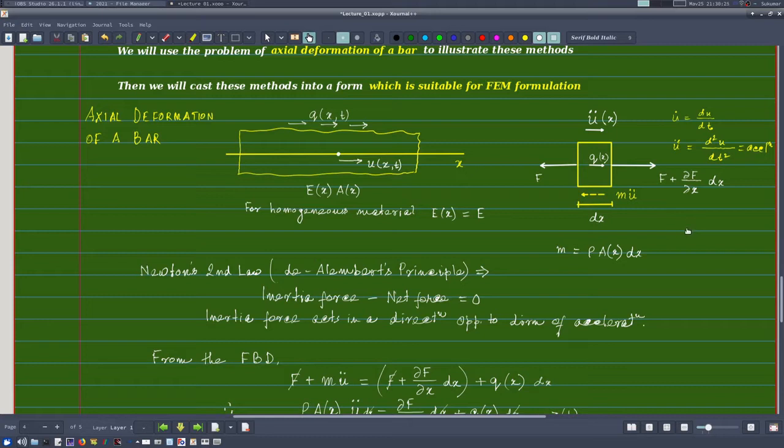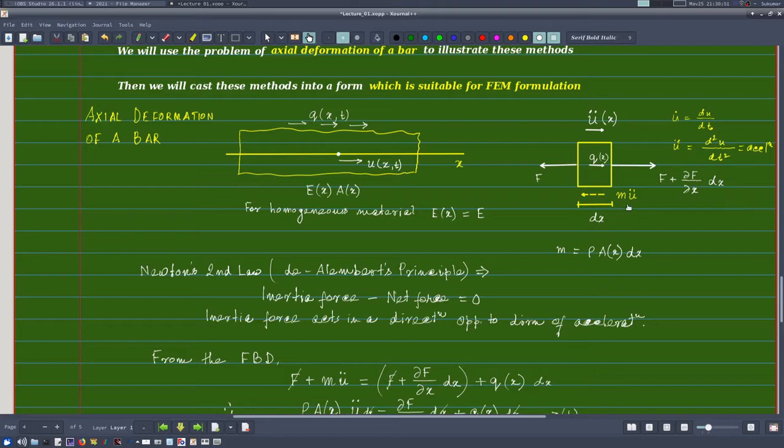Now in the free body diagram, we see that on this face I have a force F, and since force will obviously be a function of x and t, in the other direction I have F plus del F del x into dx. That is my force. And then due to this acceleration, there will be some inertia force also.